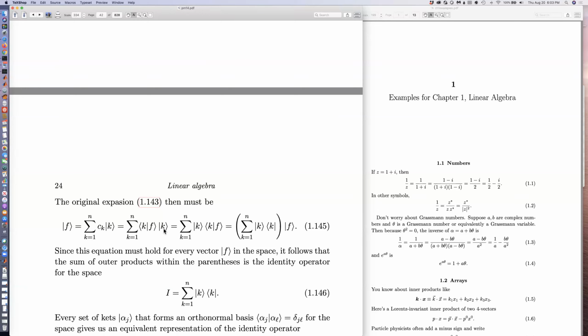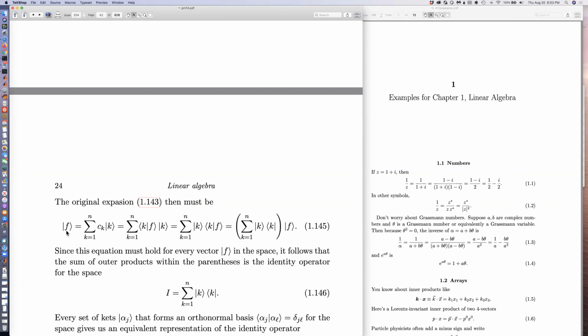And now if we do what one of the students asked to do earlier, namely we move this number to the other side, we can then factor out the ket F, and what we have is a sum of outer products of K's. Now let's look at this equation.